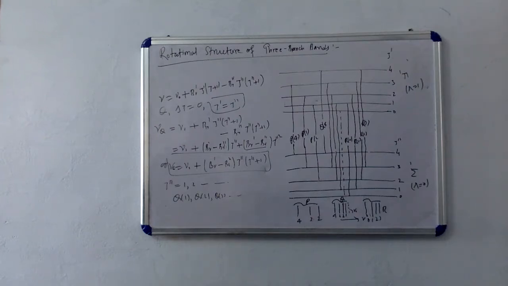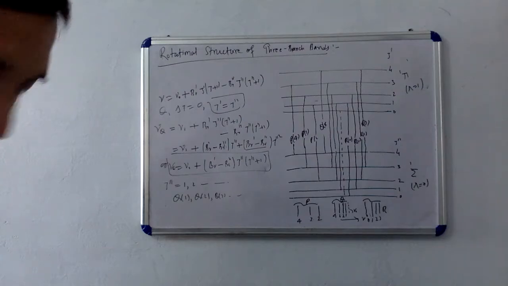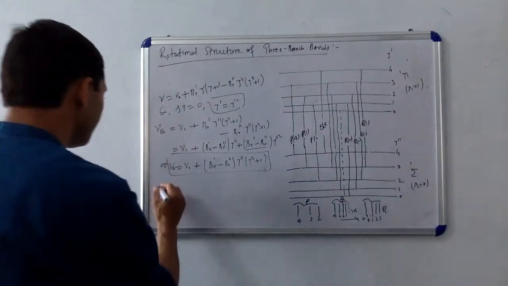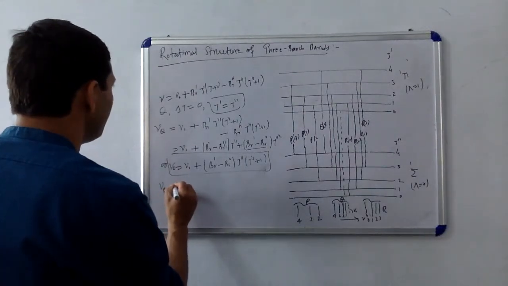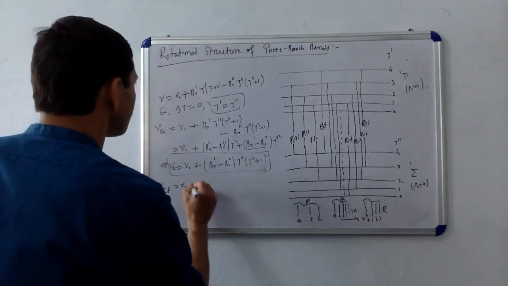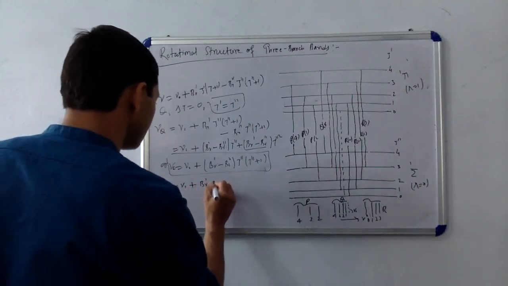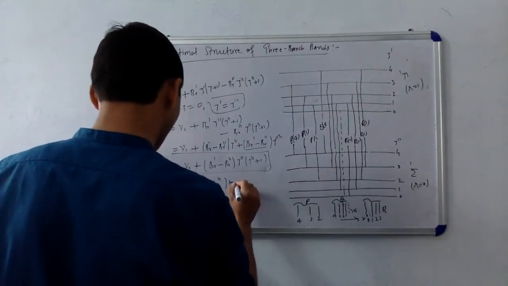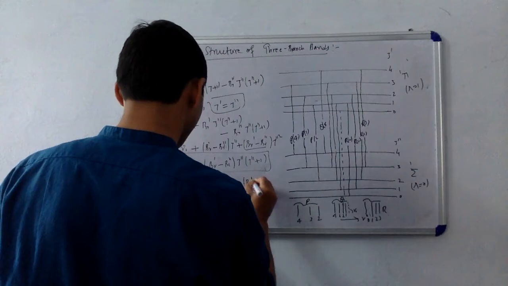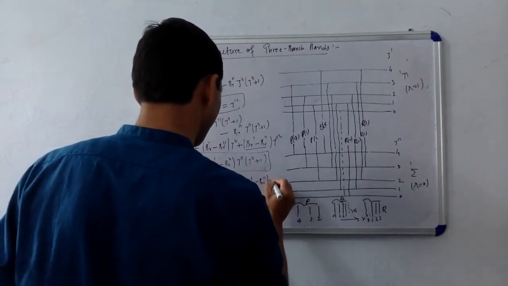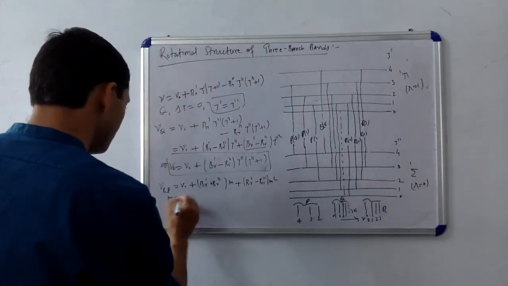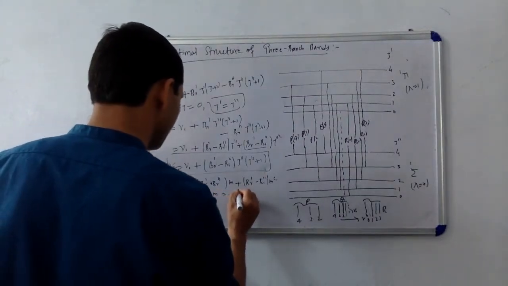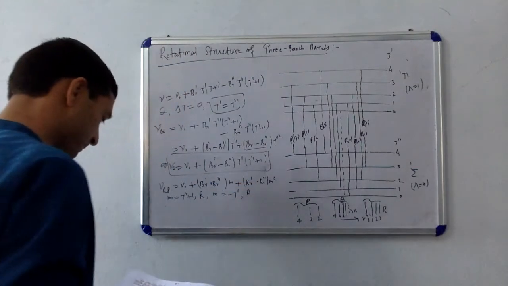So we know that the R and the P branches can be represented with the common parabola. We have already defined nu of R and P is equal to nu naught plus B nu prime plus B nu double prime, plus B nu prime minus B nu double prime of M square, where M is equal to J double prime plus 1 for the R branch, and M is equal to minus J double prime for the P branch.